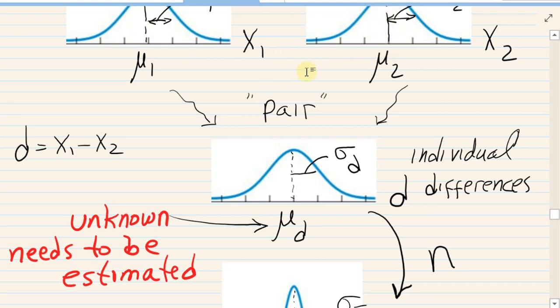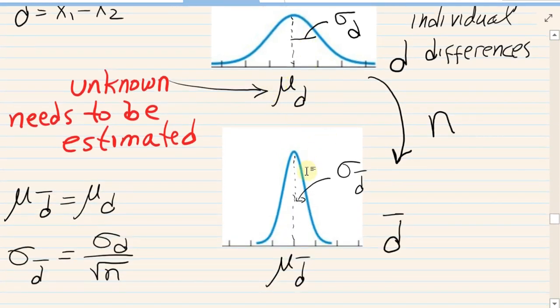So we don't sample here. Sampling takes place right down here, from this to this step. So we want to estimate the average difference. We're going to do that through a sample. Now the sampling distribution is going to be normal with its mean and deviation sigma. And this is exactly what the central limit theorem was.